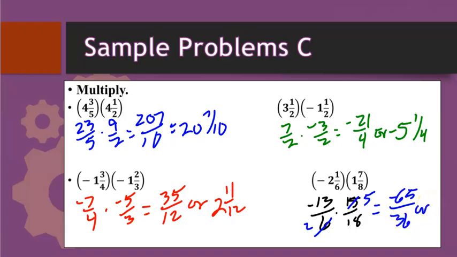If I put that as a mixed number, 65 divided by 36 gives us 1. And 65 minus 36 gives us 29, so that'd be 29/36, and this would all be negative. Actually, it'd be 29/36, not 26, so 29.